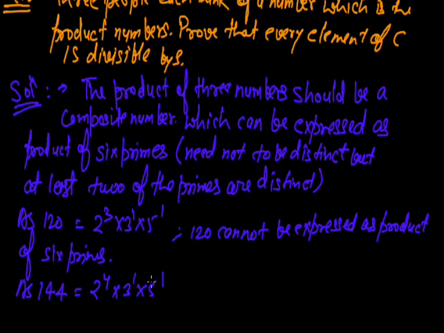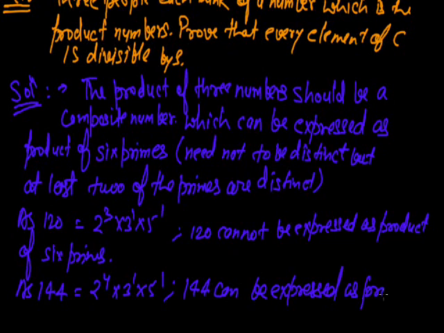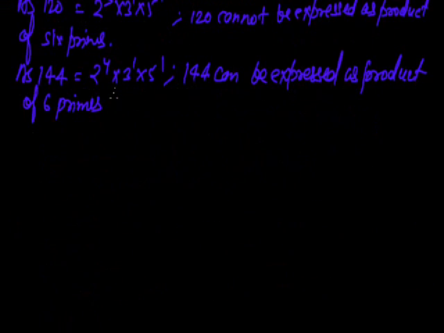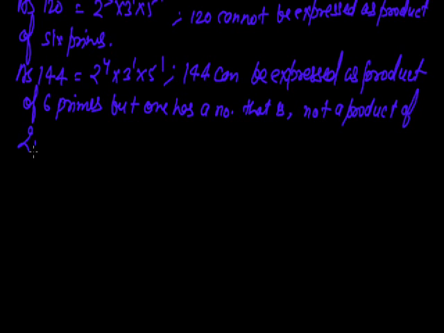Now 144 can be expressed as a product of 6 primes, but in this number one has a number that is not a product of 2 primes, which is not possible.